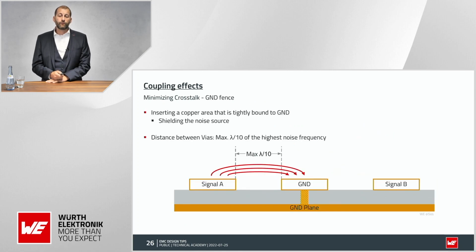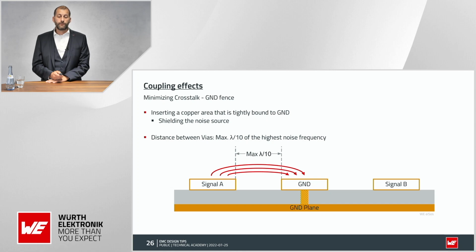You also see very often those via fencing or ground fencing. Yes, they work, but be aware that increasing the distance will reduce the crosstalk way more than this ground fencing or via fencing, however you want to call it.